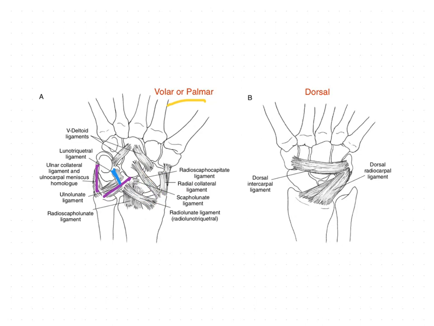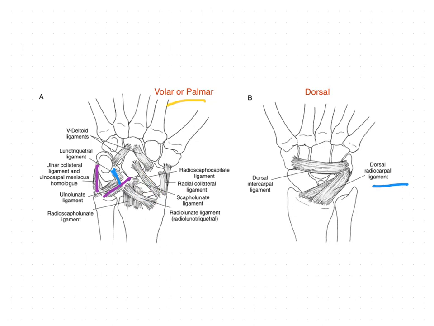Now coming to the dorsal carpal ligaments, dorsally the major ligament is the dorsal radiocarpal ligament, which is similar to the palmar radiocarpal ligament, but it has some obliquity when compared to it. This ligament mainly helps to offset the sliding of the proximal carpal condyle on the inclined radius.